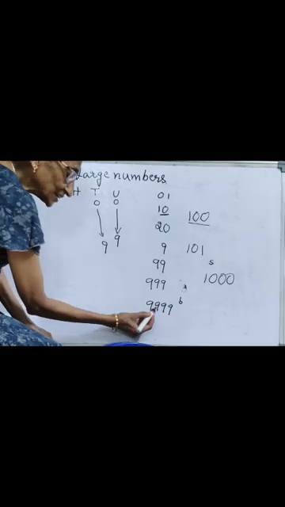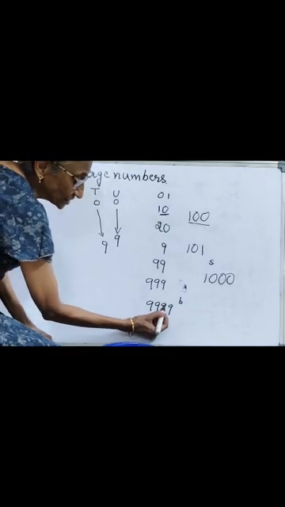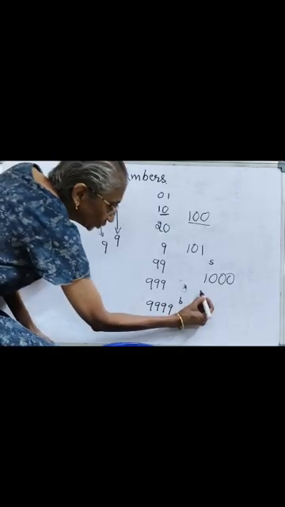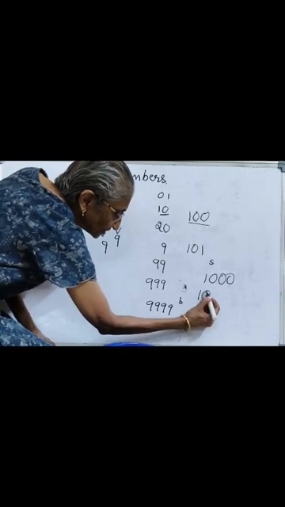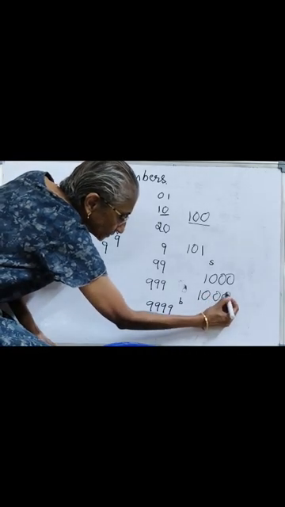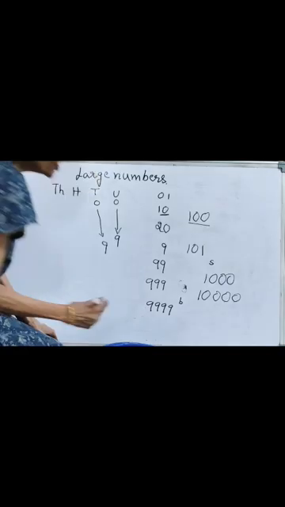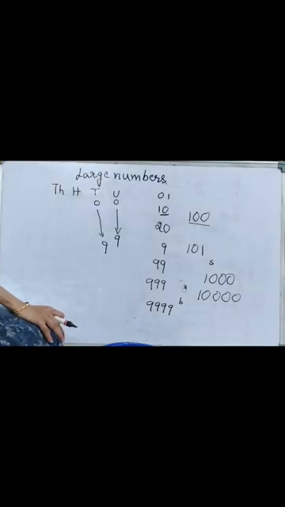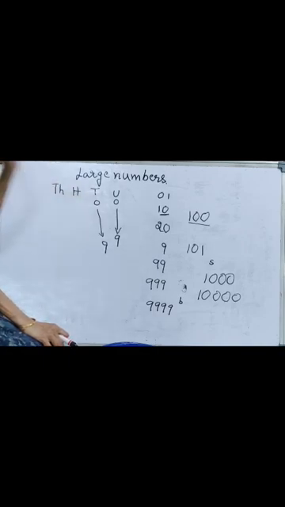Then after 9999, you will get 10,000. See how many digits are there? 5 digits. So which is the biggest number? 99,999.